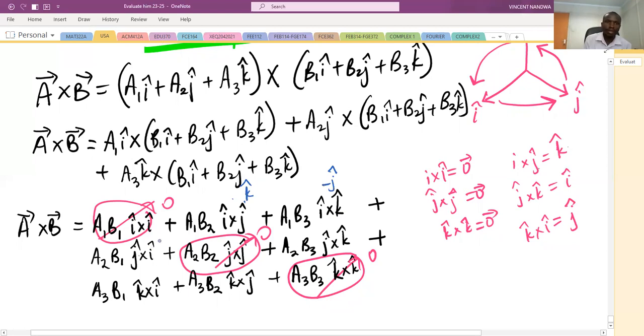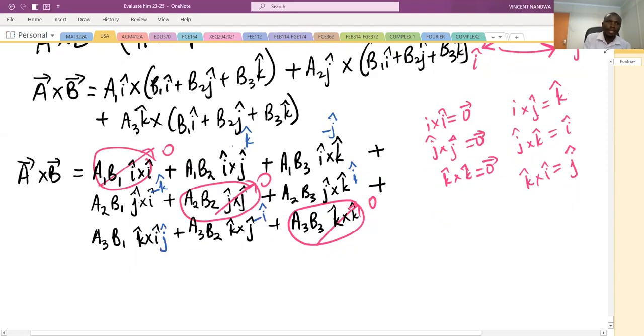So this is also negative k. j cross k is i, so this one you replace by i. And then k cross i is j. And then k cross j is the negative of j cross k, so this will be negative i.